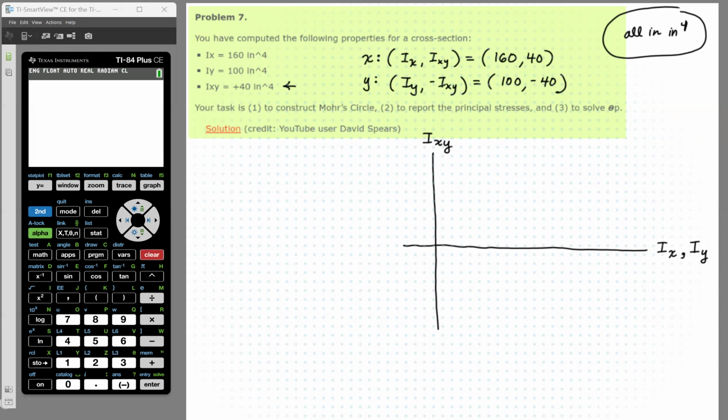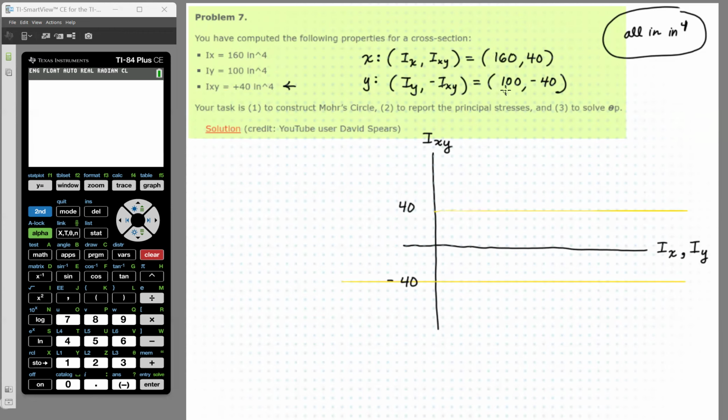Thinking ahead, I know I'm going to have 1, 2, 3, 4, so that's going to be a product of inertia of 40 along this line. And then 1, 2, 3, 4, a product of inertia of negative 40 along this line. So 40 and -40 down here.